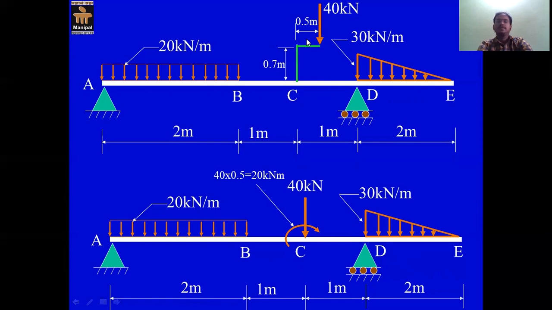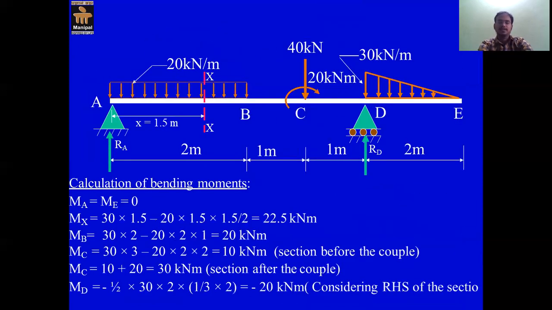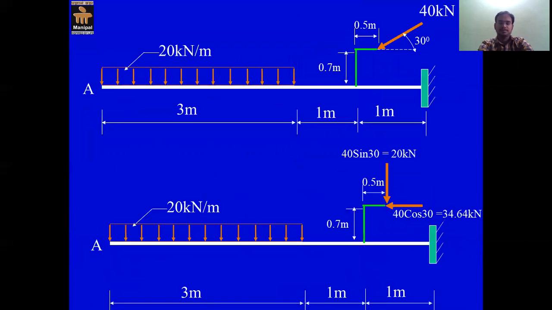So this and this will cancel each other, and only the one force will remain here, that is 40 kilonewton. But because of this, you will find a moment or couple effect, that is 40 into 0.5, which is 20 kilonewton meter of moment already present here. So we will see this type of problem also.